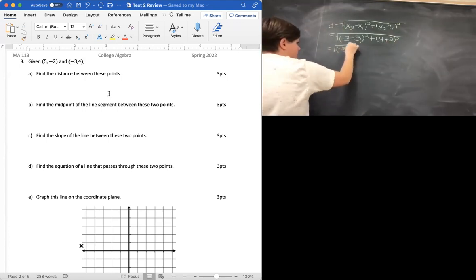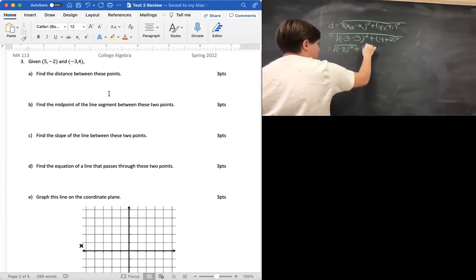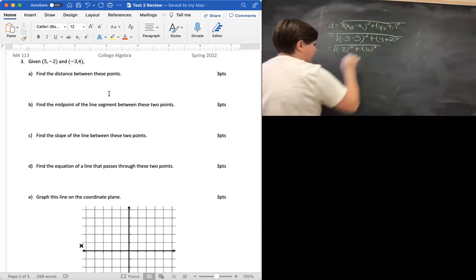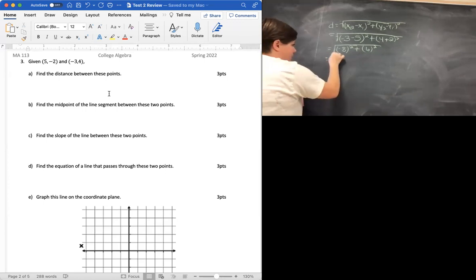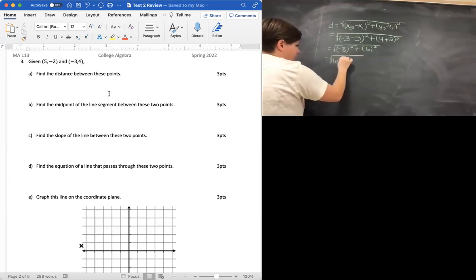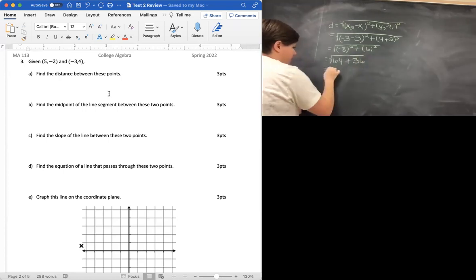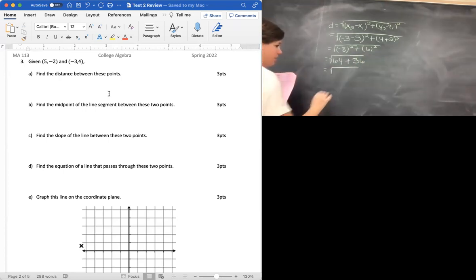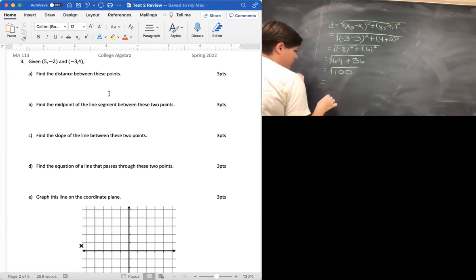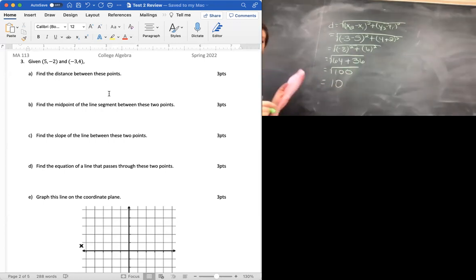So -8 squared plus 6 squared. -8 times -8 is 64. 6 times 6 is 36. 64 and 36 will give you 100. Square root of 100 is 10.